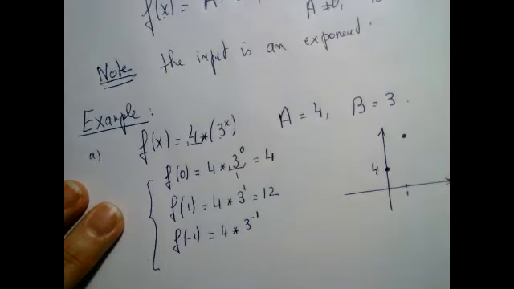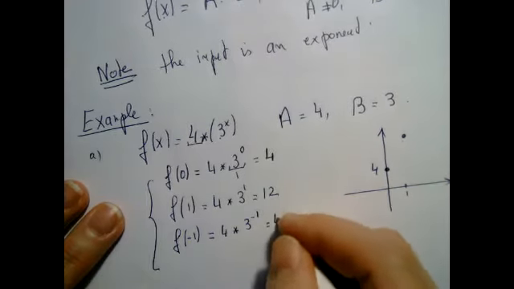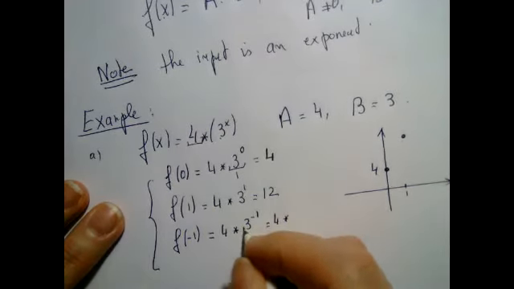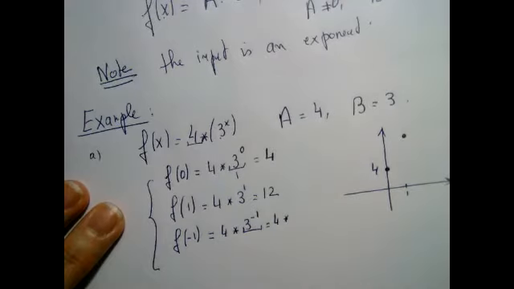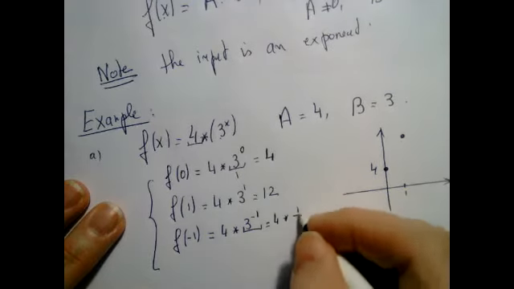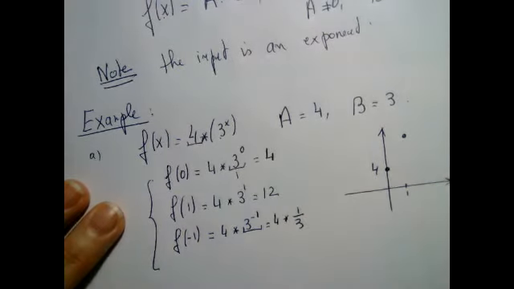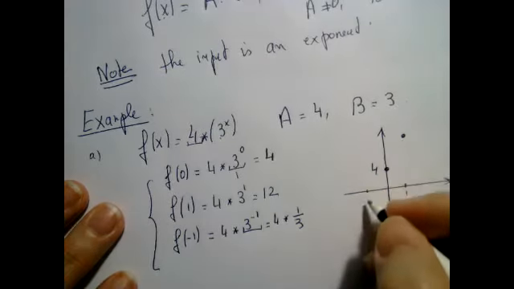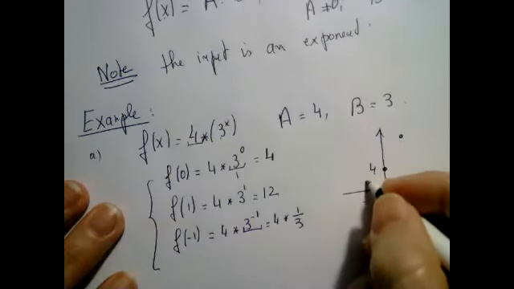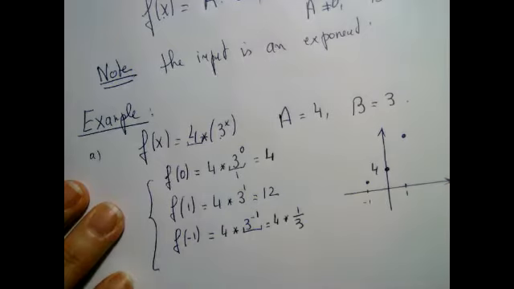That was the main reason I had to introduce negative exponent. So what does this mean? 3 to the minus 1 means what? Quickly, on chat. It'll be 4 times 1/3. Right, it's 4 times 1/3. That's why we had to start evaluating those negative exponents. So at minus 1, my function is somewhere here because it's 4/3.